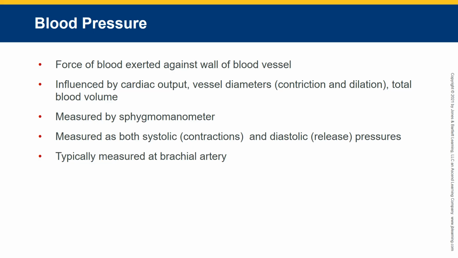Lots and lots of things can influence what someone's heart condition is and what their blood pressure is. Things that influence it are the size of the blood vessels. We're going to see some conditions in a few minutes. Think of blood vessels like a straw.